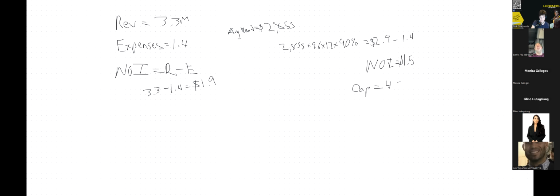To find the purchase price, you do the NOI divided by the cap rate. The NOI is 1.5 million. If we want to buy at a 4.75 cap, you divide by 0.0475, because that is 4.75% as a decimal.